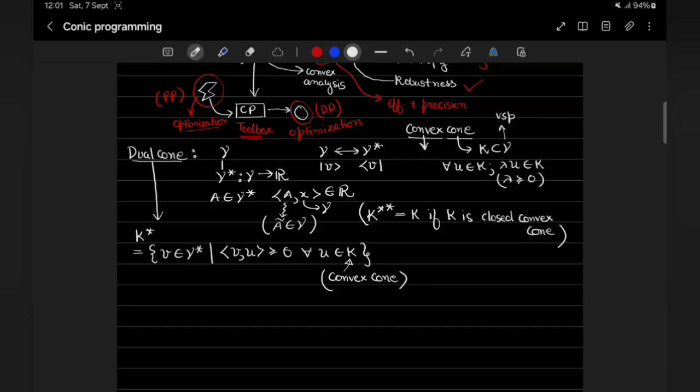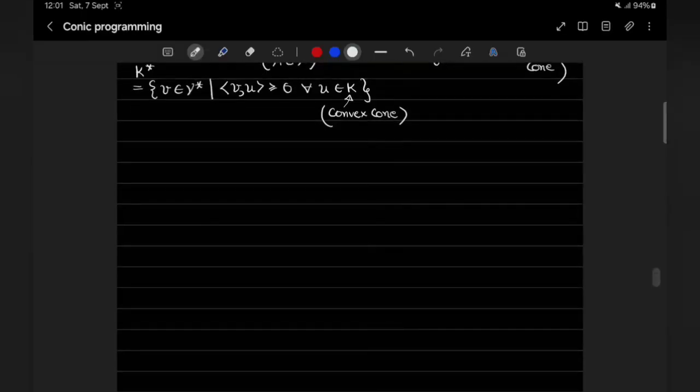With this we will discuss one example, and the example that is most useful is the following. Take the vector space to be the set of Hermitian matrices over the real numbers; they form a vector space. Then I take the convex cone to be the set of positive semi-definite matrices.